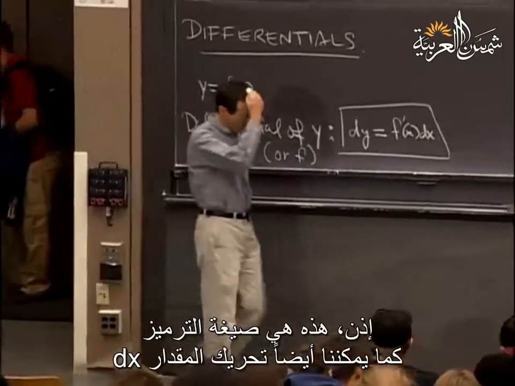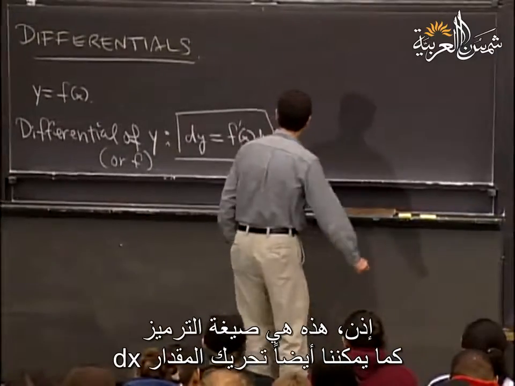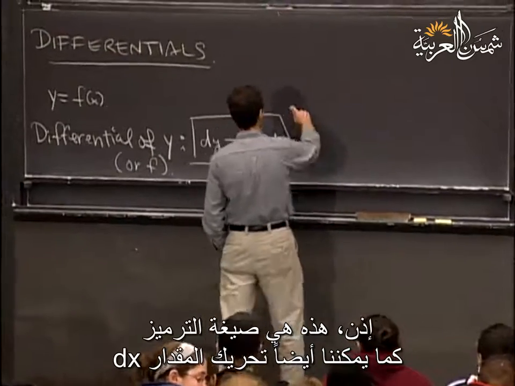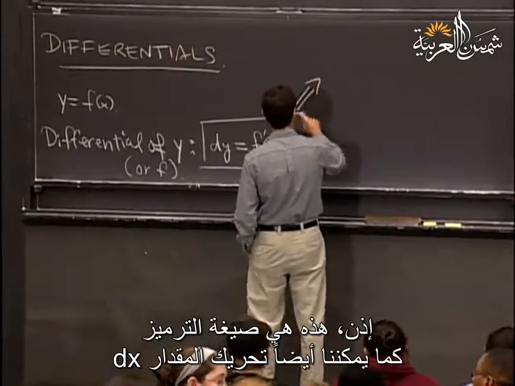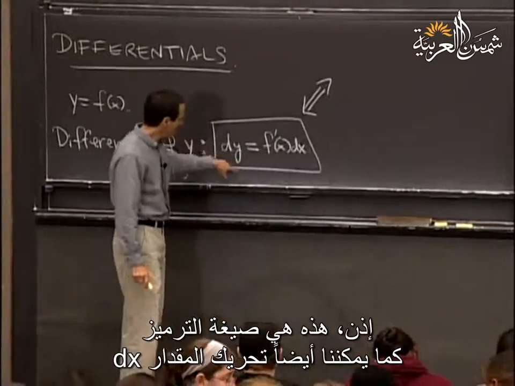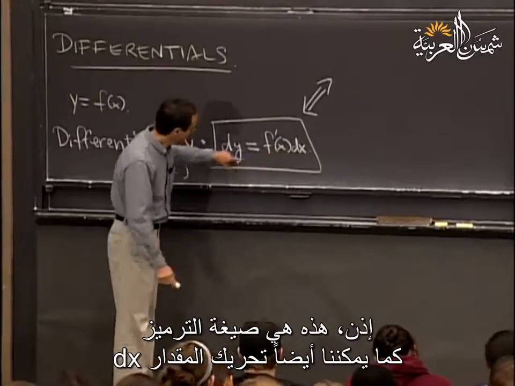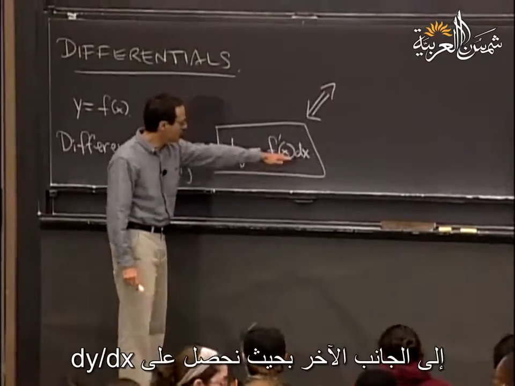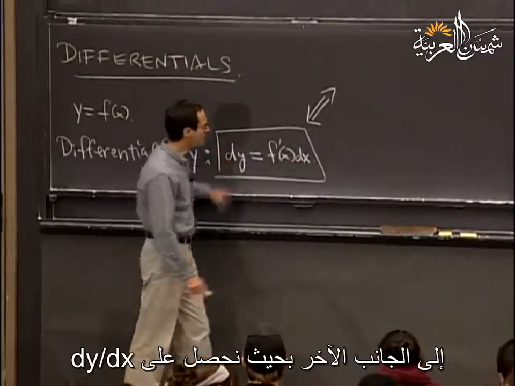Now that's the notation, and it's the same thing as what happens if you formally just take this dx, act like it's a number, and divide it into dy.